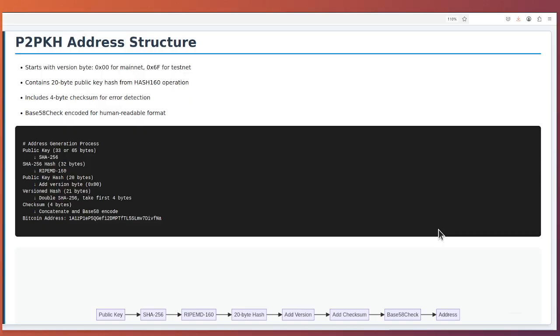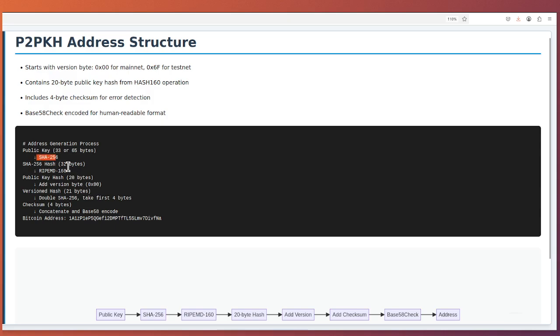The journey from public key to Bitcoin address involves several cryptographic operations. Starting with your ECDSA public key, which is a point on the SEC P256K1 elliptic curve represented as a 65-byte uncompressed value or a 33-byte compressed value. We first apply SHA-256 hashing.